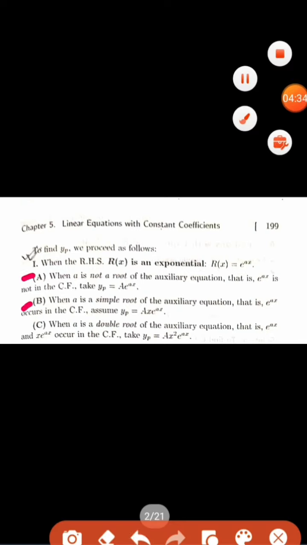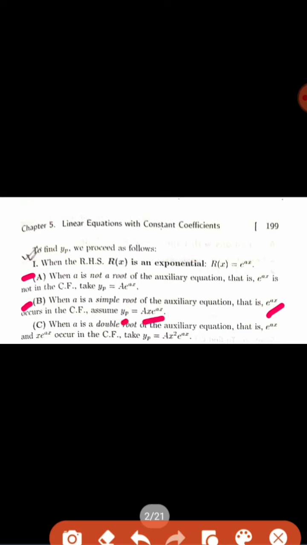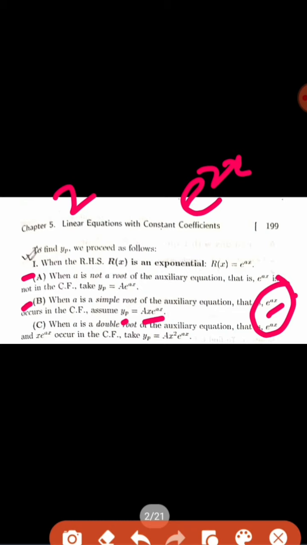Now for b, if a is a simple root of the auxiliary equation, then YP will be capital A x e to the power ax. What we say? If small a is a simple root of the auxiliary equation, let us take e to the power 2x given in place of R(x), and we have a root of the auxiliary equation 2, then CF will be what?